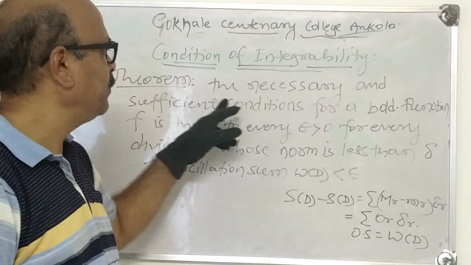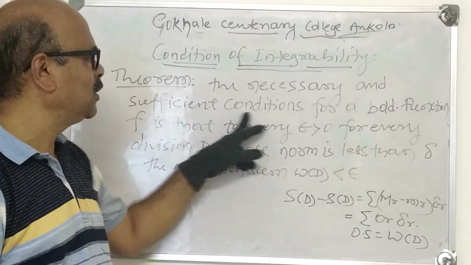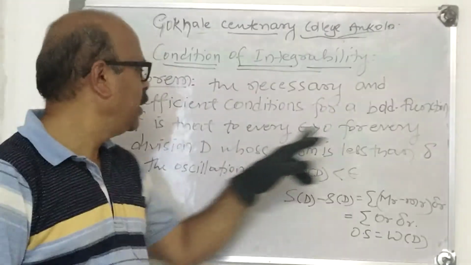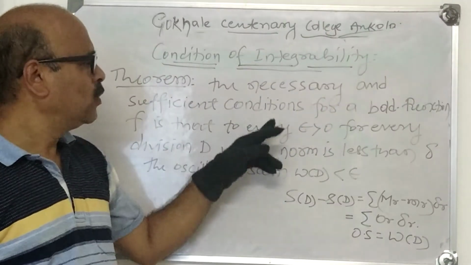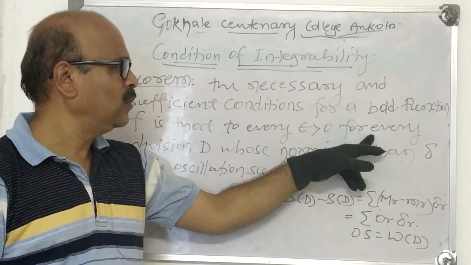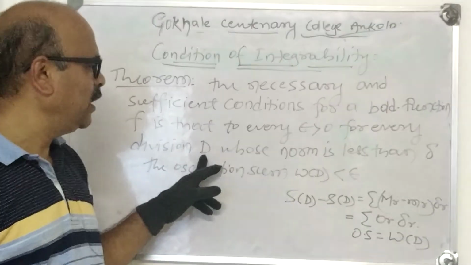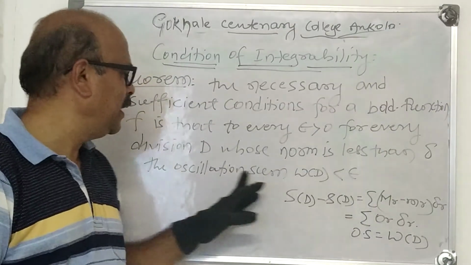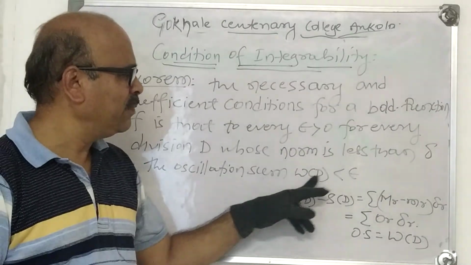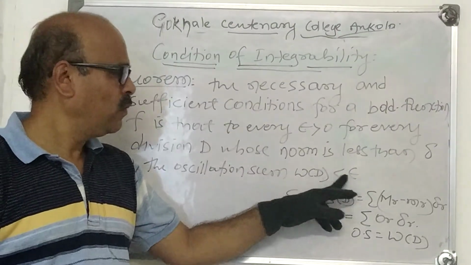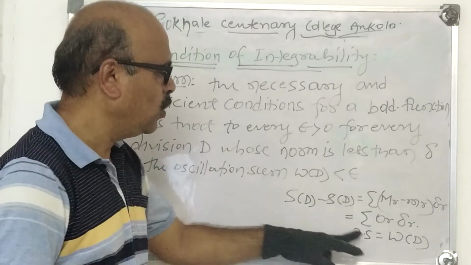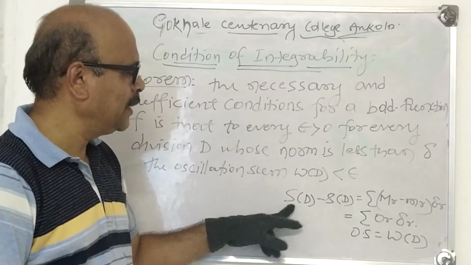What does the theorem state? The necessary and sufficient condition for a bounded function f to be integrable is that to every epsilon greater than 0, for every division D whose norm is less than delta, the oscillatory sum is less than epsilon. What do you mean by oscillatory sum? Consider capital S(D) minus small s(D).